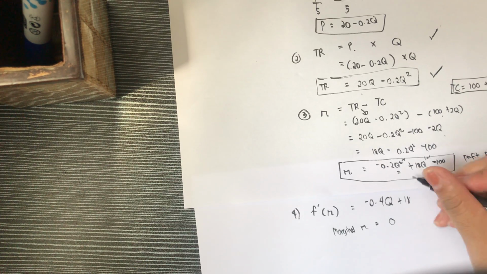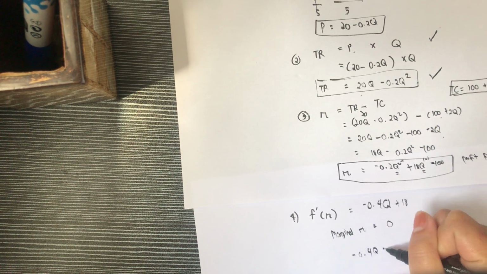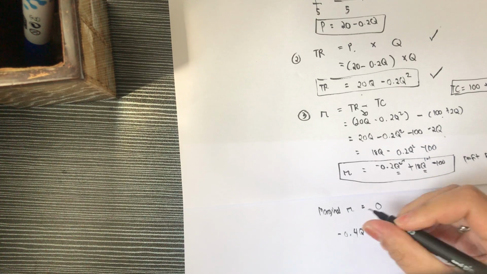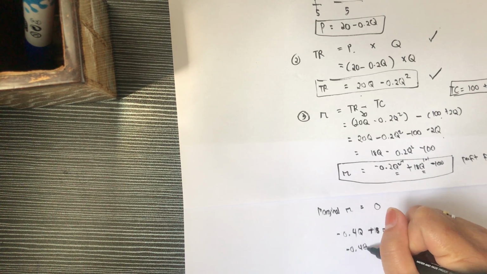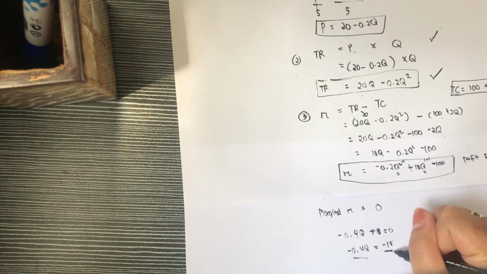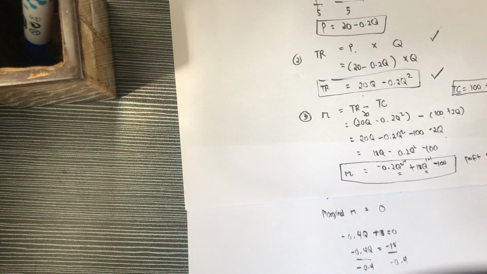So negative 0.4q plus 18, please bear with my ball pen, is equal to 0. So 0.4q is equal to negative 18, right? Divide both sides by negative 0.4.